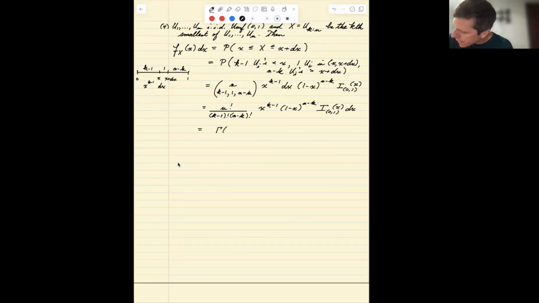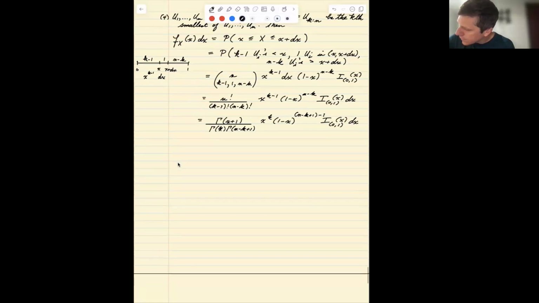Right, this is gamma(n plus 1) over gamma(k) gamma(n minus k plus 1), x to the k minus 1, 1 minus x to the n minus k.